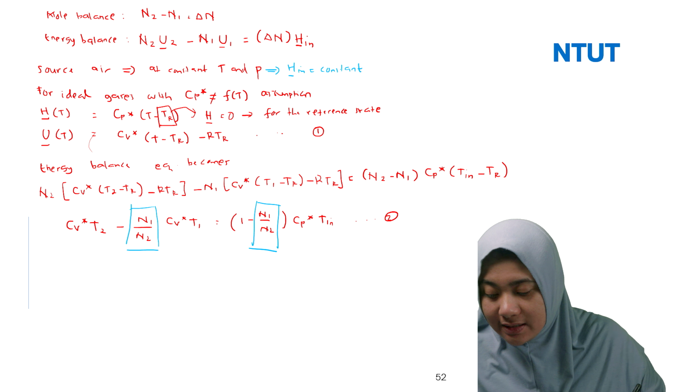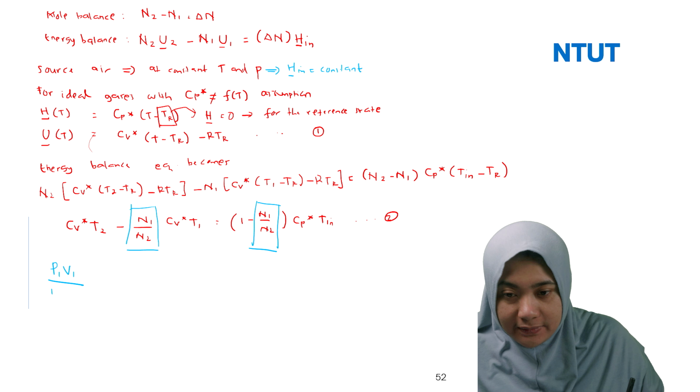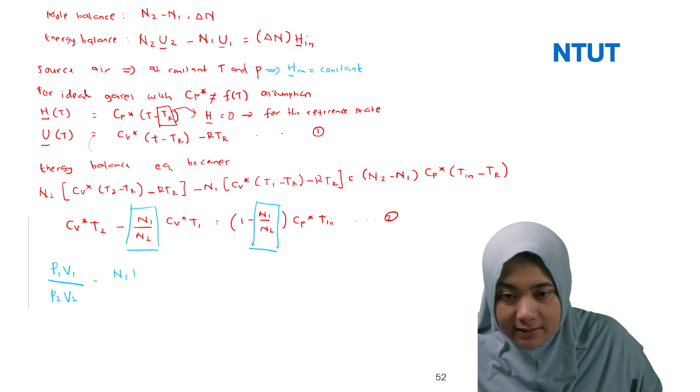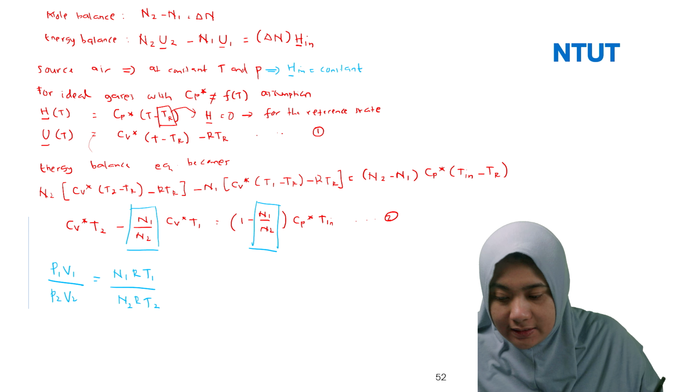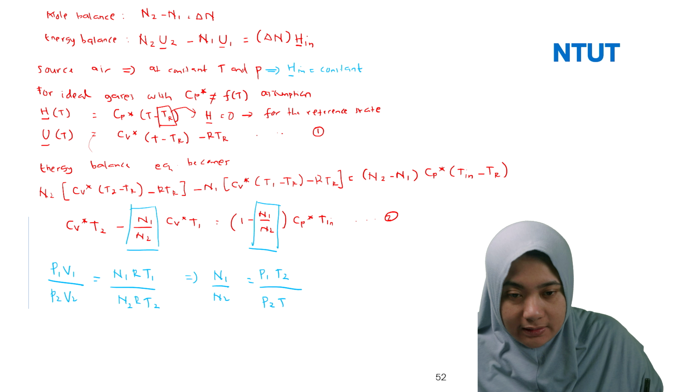So for the ideal gas, we can use P1 V1 divided by P2 V2, right? And then N1 R T1 divided by N2 R T2. Or you can simplify N1 divided by N2 equal to P1 T2 divided by P2 T1.